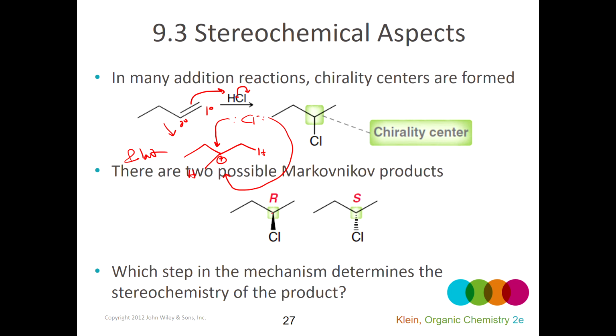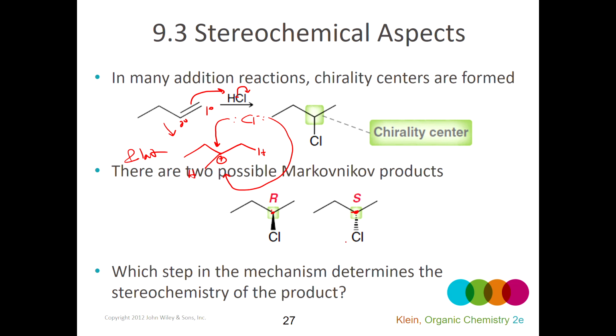And if the carbon it comes into is a chiral carbon, or a stereogenic center like it is here, that gives me two different stereoisomers. As long as there's only one chiral center in the structure, those two isomers will have opposite configurations, and they'll be enantiomers, which means that I get a racemic mixture of products.